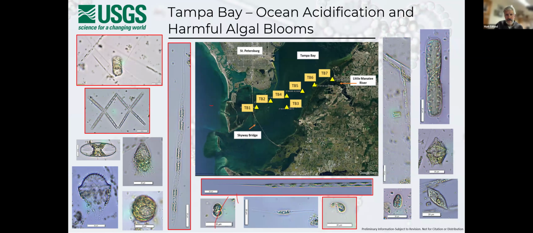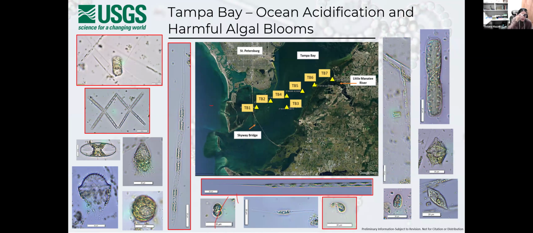What was the taxon that was producing the saxitoxin in that Tampa Bay project? Oh, that's Pyrodinium bahamense. It produces saxitoxin. And then we have the Karenia brevis, the one that is really causing the majority of the blooms, like the red tides.